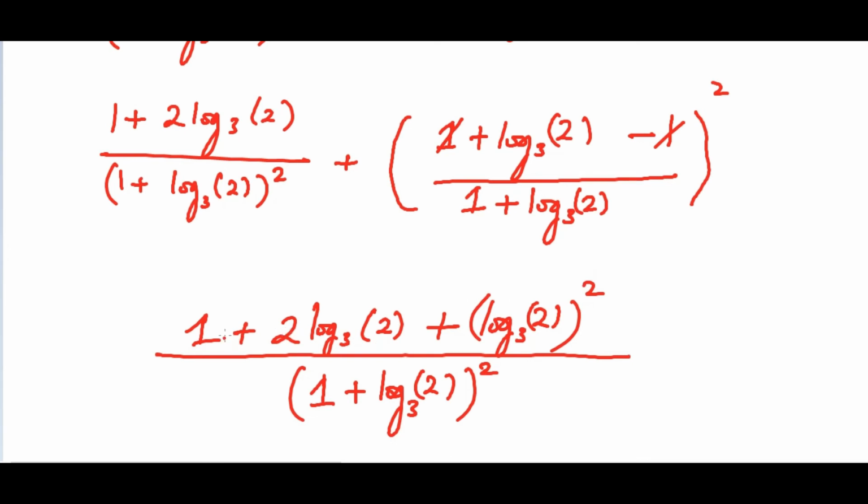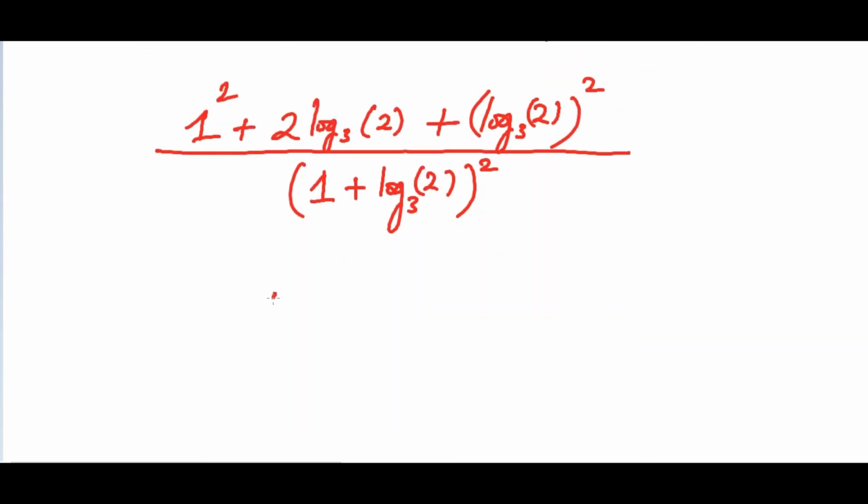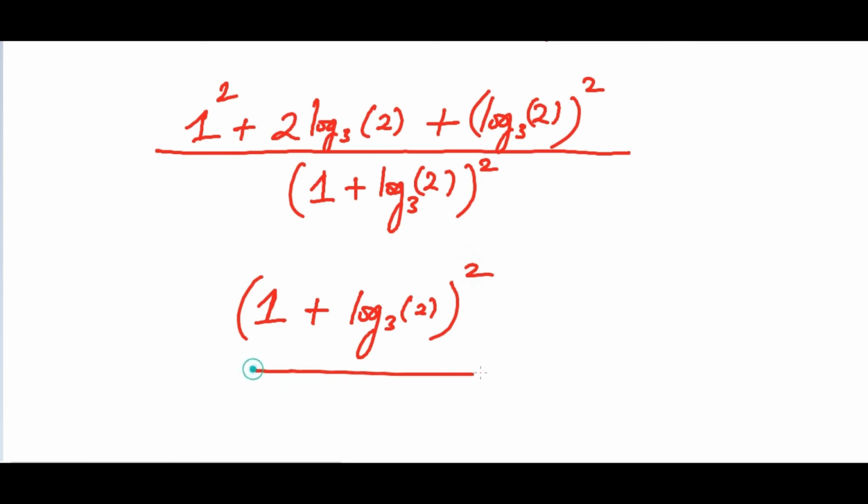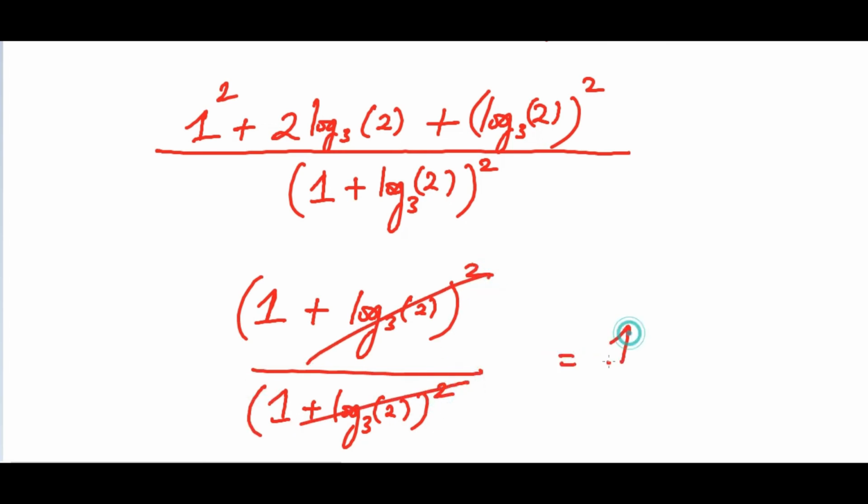So here a square, 1 square, we can write a square plus b square plus 2ab formula, we can apply, and simply we got 1 plus log of 3 base 2 whole square by 1 plus log of 3 base 2 whole square, and this is getting cancelled, and we got the answer as 1.